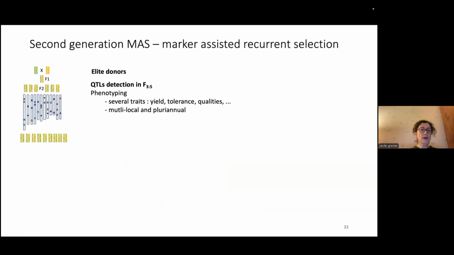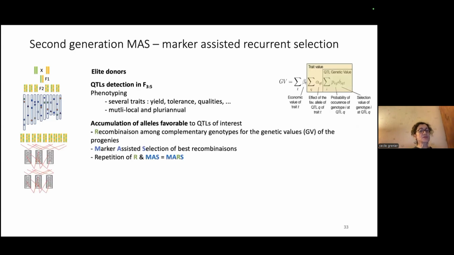Here is an example. So you have elite donors, you make crosses, and then you have a population that segregates with the two parental genomes. So here you do QTL mapping, and you can detect different loci associated to different traits of interest. And so in the progenies, what you can do is to select directly the progeny that you want to cross again, by selecting with the presence of the key markers that are associated with the key traits of interest.